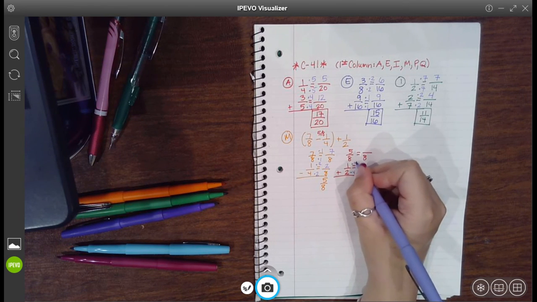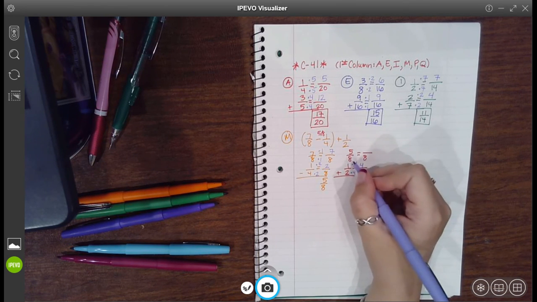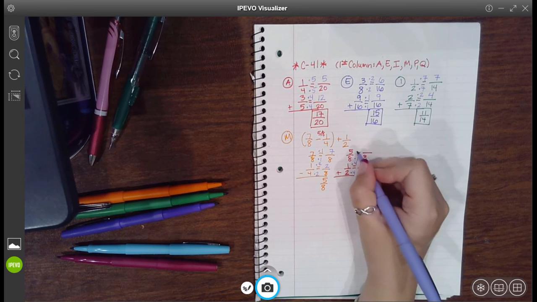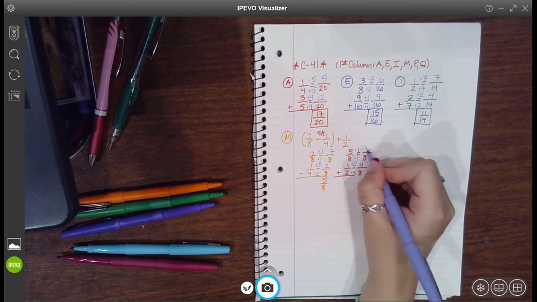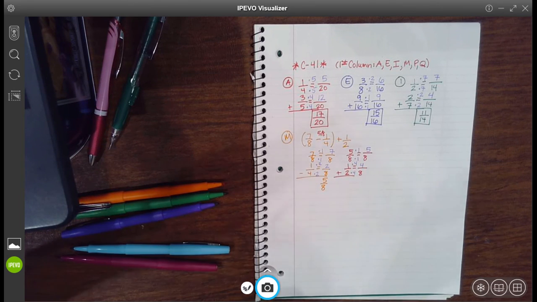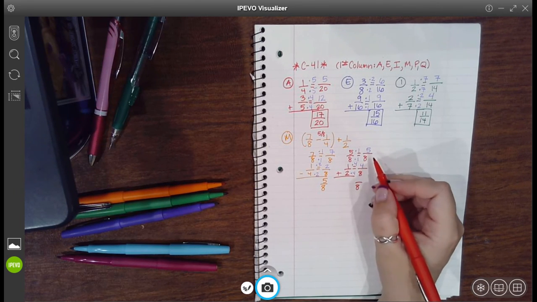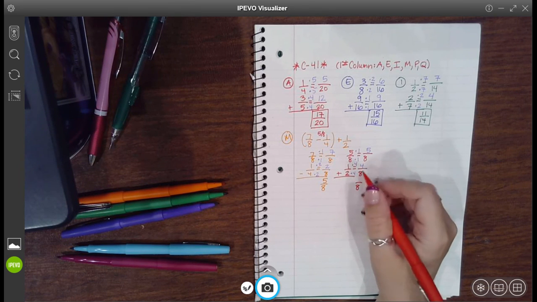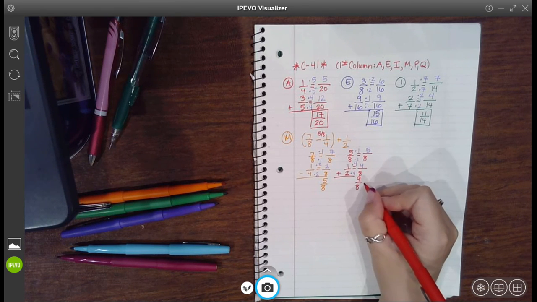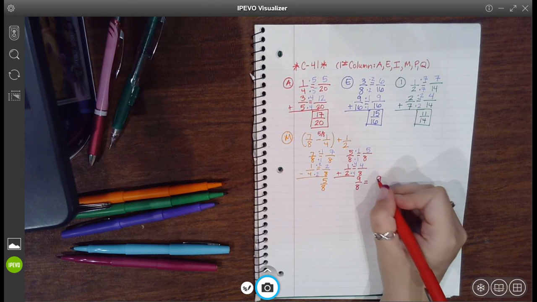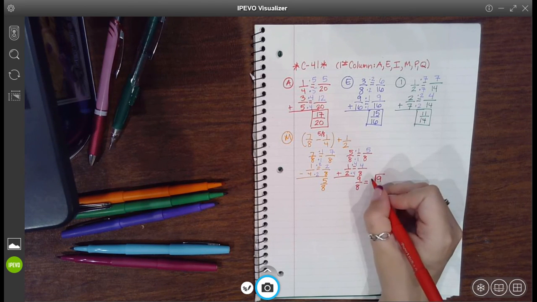Same thing on top. 1 times 4 is 4. 8 times what is 8? 1. So 5 times 1 is 5. Now these I'm adding, so keep the denominator the same and then combine your numerators. 5 plus 4 is 9. Can I reduce it? No. But are they proper? No, actually.